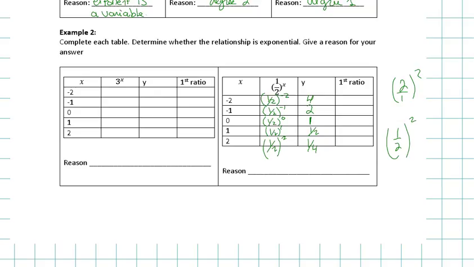Okay. Let's do the first ratio. What do I do for the first ratio? Division. So 2 divided by 4 is? If you have 2 chocolates and there's 4 people, how many would each get?